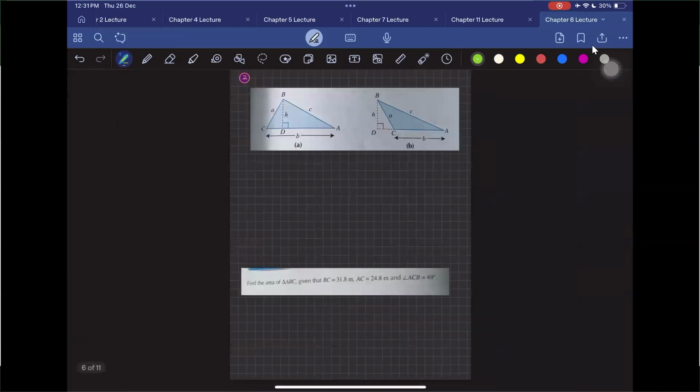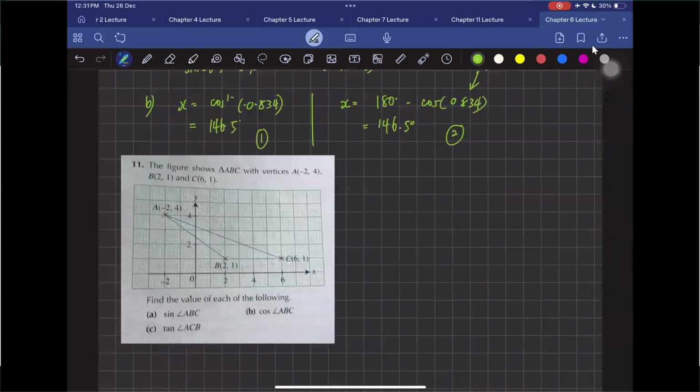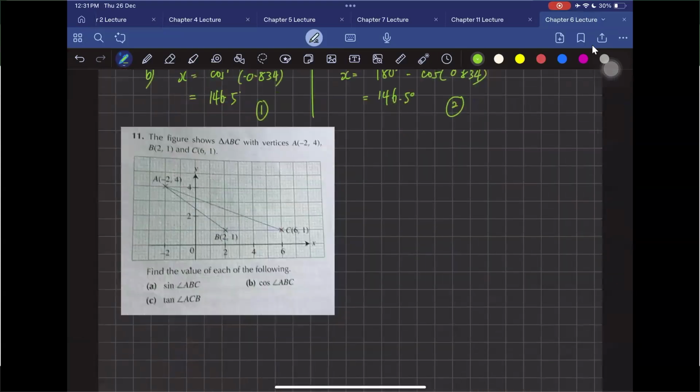Okay, so before we move on, let's take a look at this. Again, do pause the video and try the question, and I will go through in a bit. Just note that this chapter combines with your previous chapters, so you do need to know what you have learned earlier.